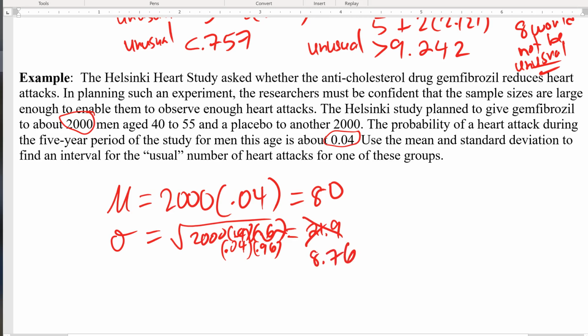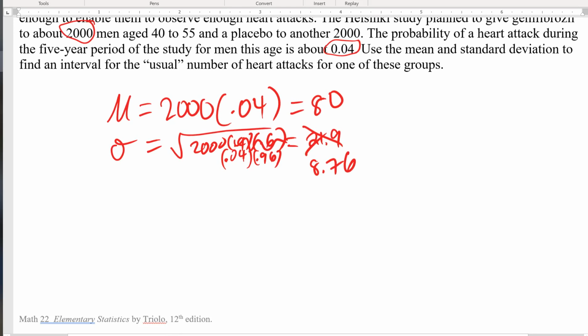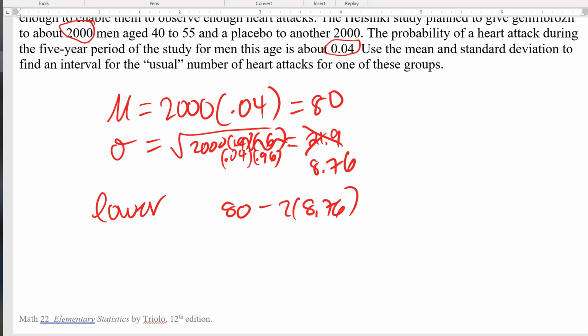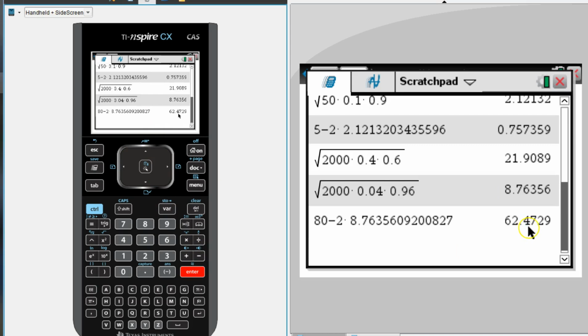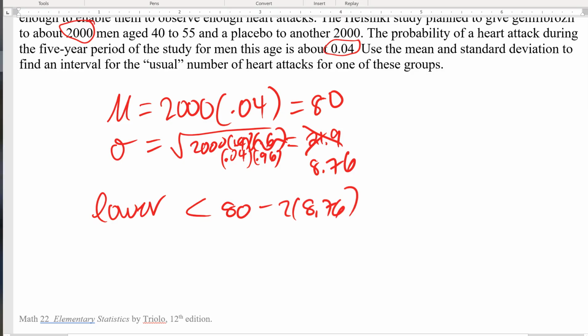So on average, what would we expect with 2,000 men? Well, the lower bound would be 80 minus 2 times the standard deviation. So 80 minus 2 times this would be about 62.47 heart attacks.